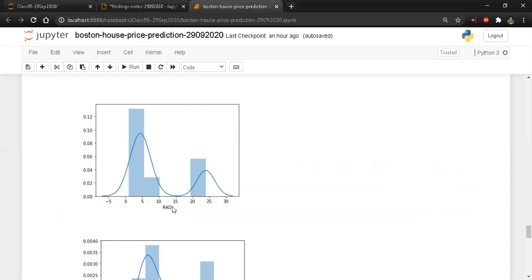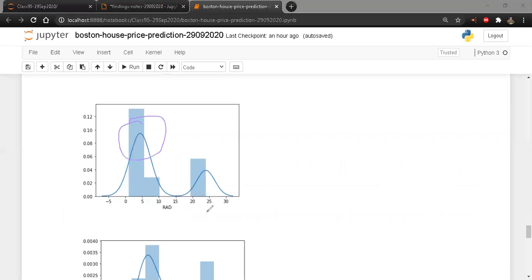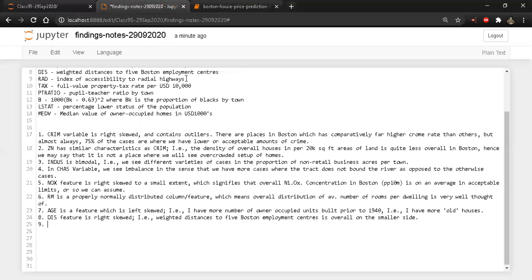RAD again is bimodal, but the lower mode is actually higher than the higher mode. What does this mean? What is RAD? Let's see the definition. RAD is index of accessibility to radial highways.